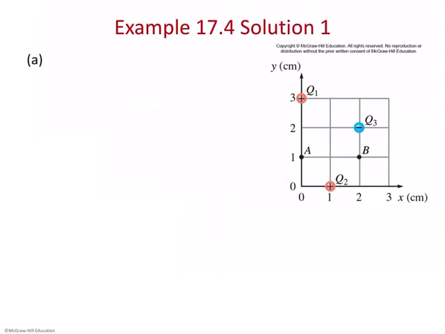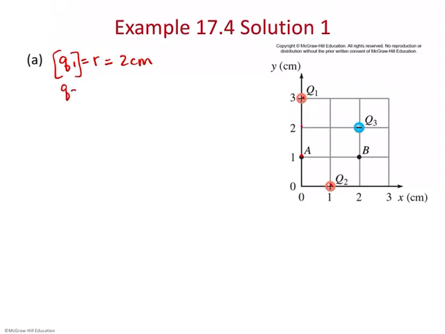Okay, so first off, if we were looking at just Q1 first, what is our R value? How far away from A is Q1? Just 2 centimeters. Okay, and then if we were looking at R2, so that's going to be Q2, right?